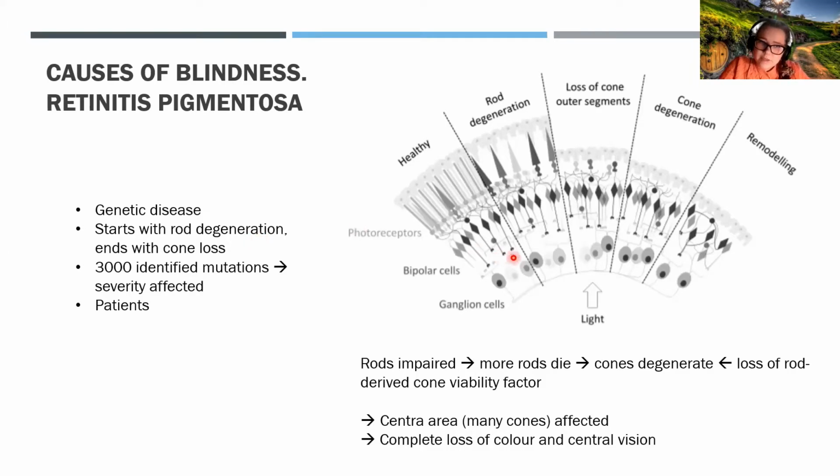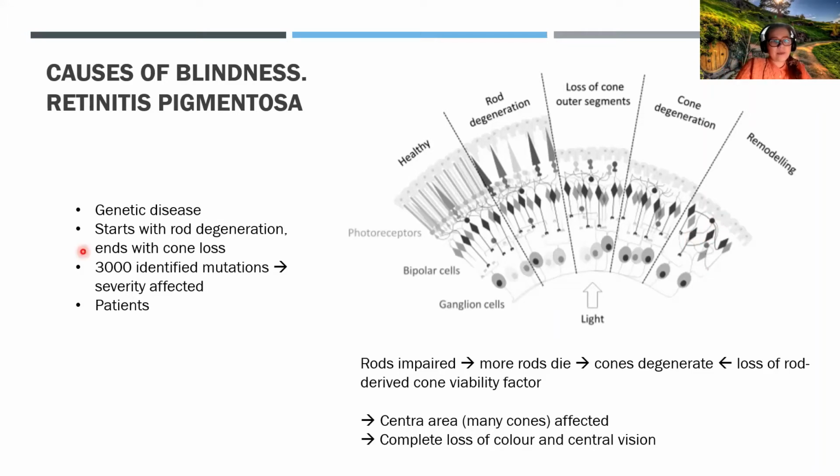As you see in this picture, here is a healthy retina with cones and rods. Then when some rods degenerate, we are left with only cones, and later cones degenerate too. So here you see no primary neurons, and here you see remodeling of bipolar cells.